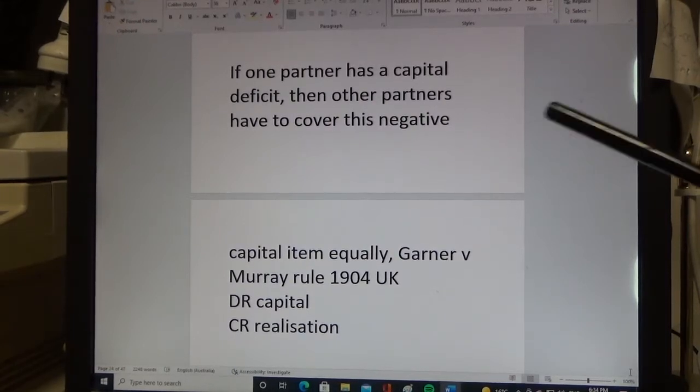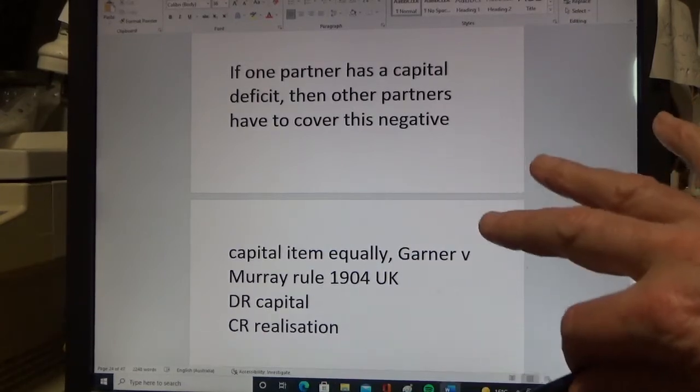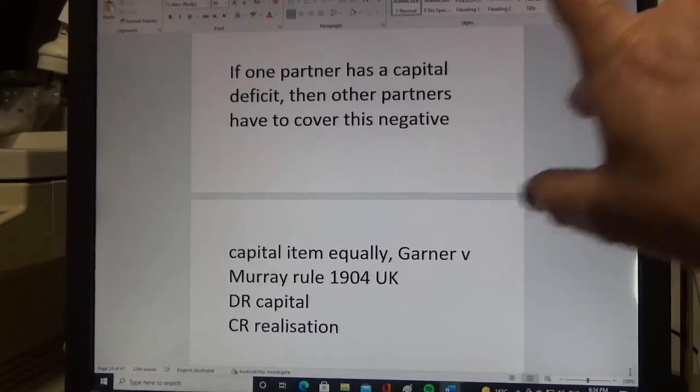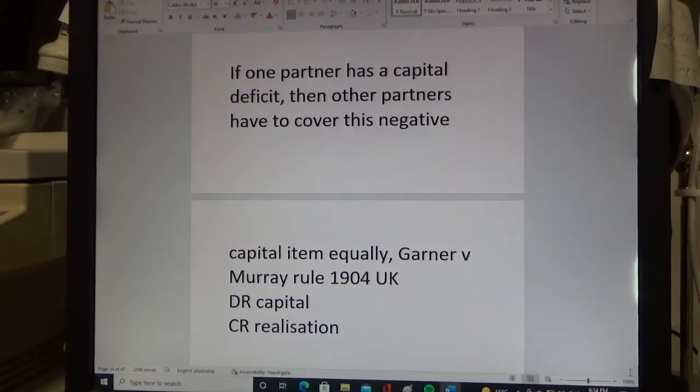If one partner has a capital deficit, there's a rule on this, then the other partners have to cover this negative capital equally. So if one partner has a capital deficit, the two other partners have to cover his or her capital deficit equally.